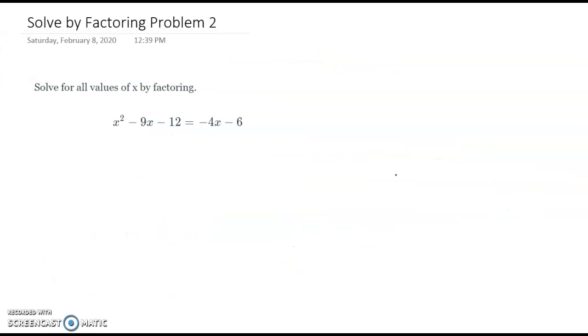Okay, so now I'm going to take a look at a second question where I have to solve for all the values of x. This is my quadratic equation, and once again, we're going to think of this as finding zeros of a function. In order to do that, we need to find all the x values that make the output equal to 0. So the first thing I have to make sure is that my output is actually 0.